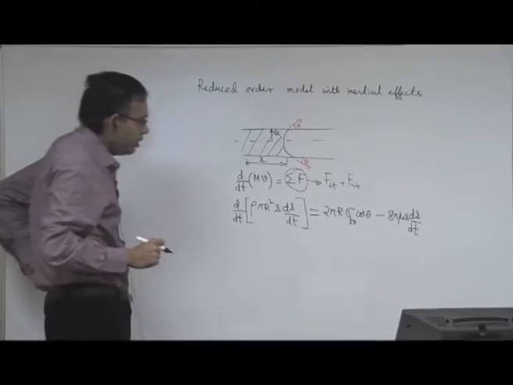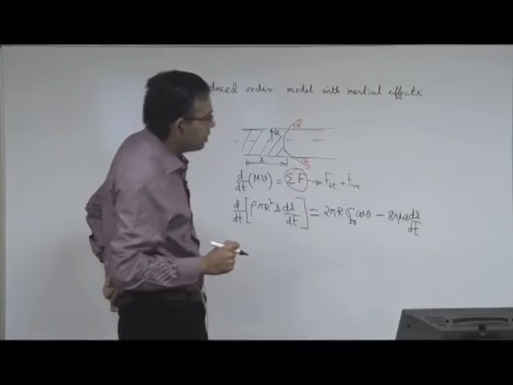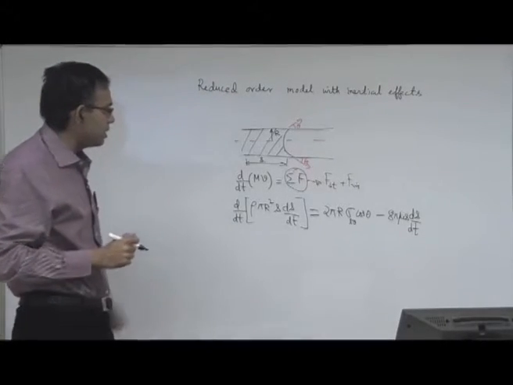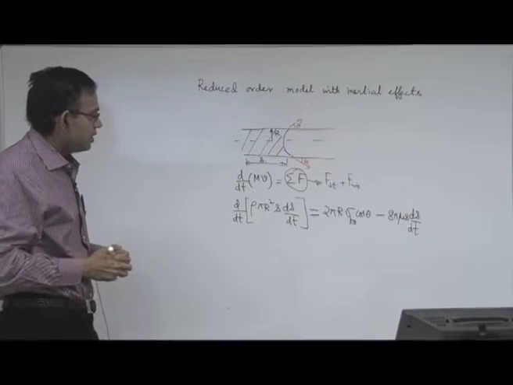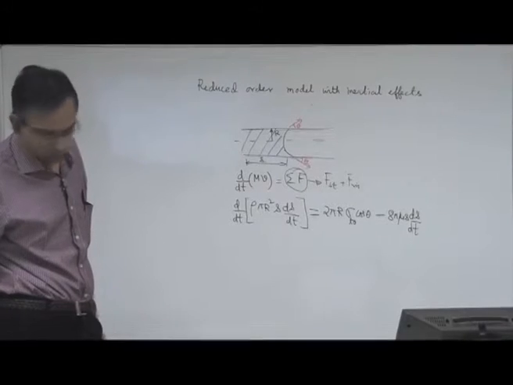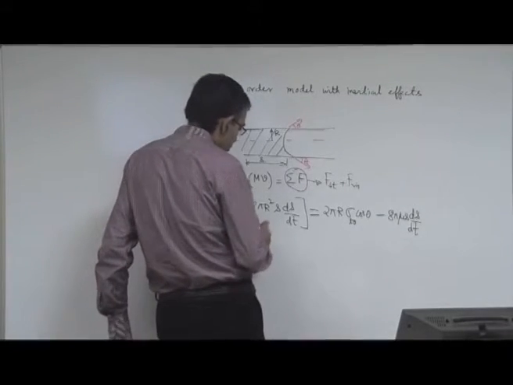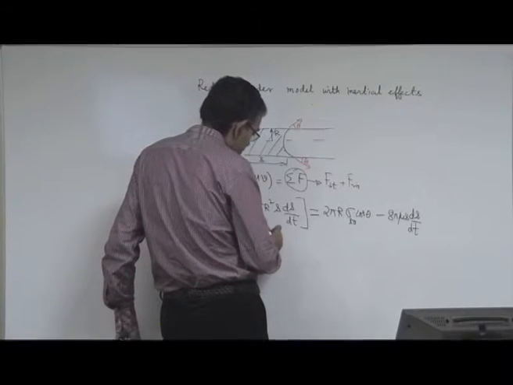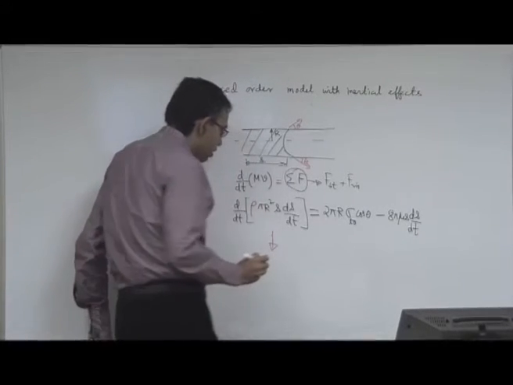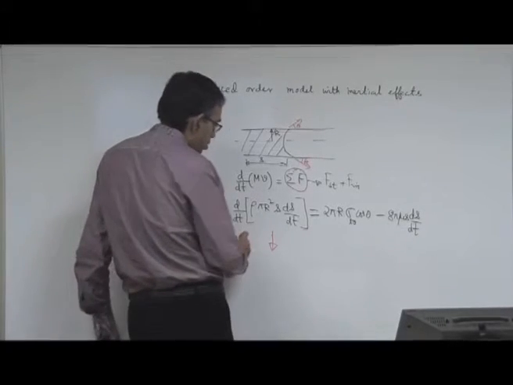Now, we will try to solve this equation, but before solving it we will try to non-dimensionalize the equation, so that we will get various scales. So, what is the order of this?